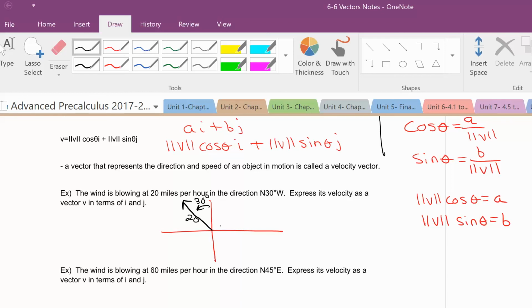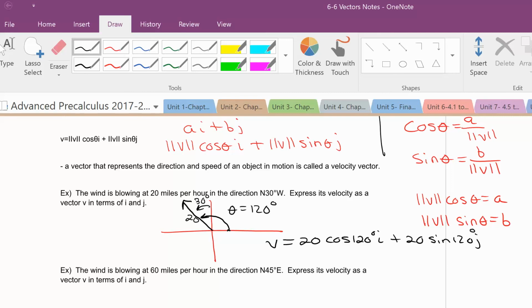So the directional angle, if we start from the positive x-axis, goes all the way to here. So it's 90 plus 30. So theta is 120 degrees. So the vector is equal to 20 times cosine 120 i plus 20 times sine 120 j.